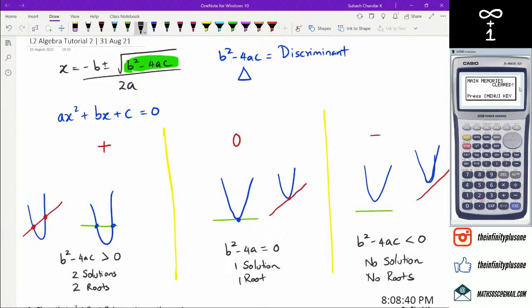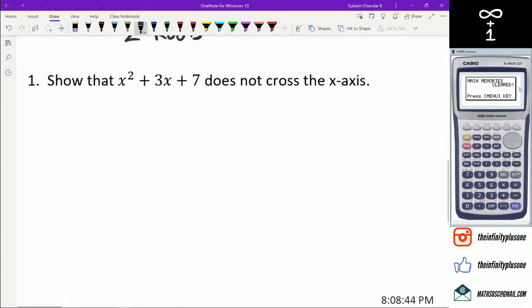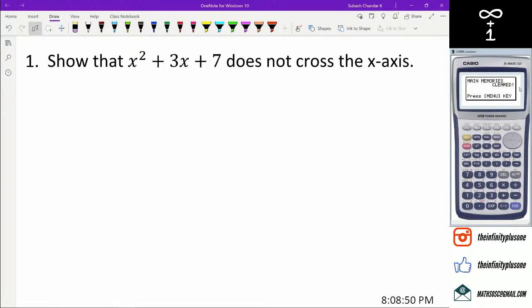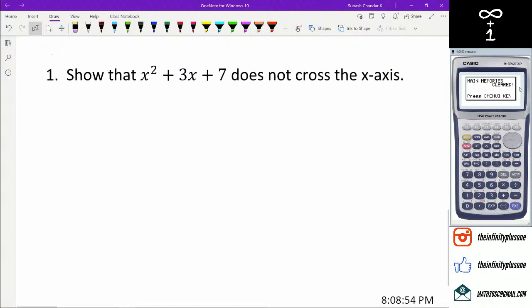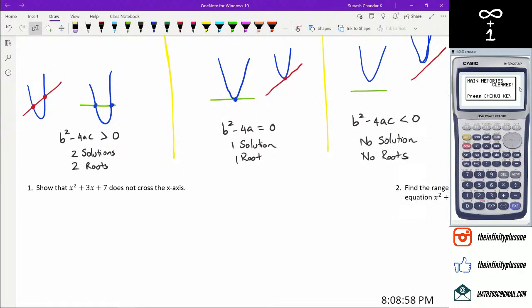Cool, let's actually go with some of these questions, guys. So here is your first question. I'm going to leave it up here for you guys, and remember that in this case, it's not actually crossing the x-axis. Because it's not crossing the x-axis, I'm just going to give you a bit of a hint here.